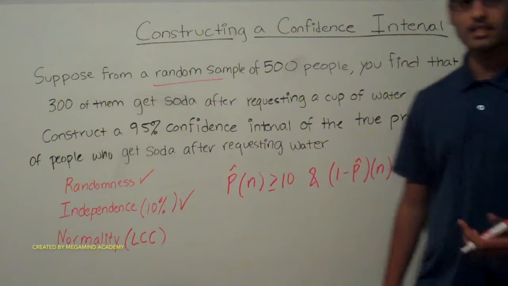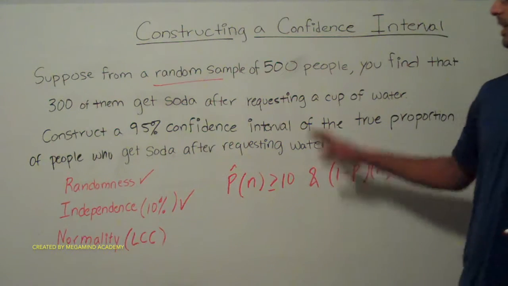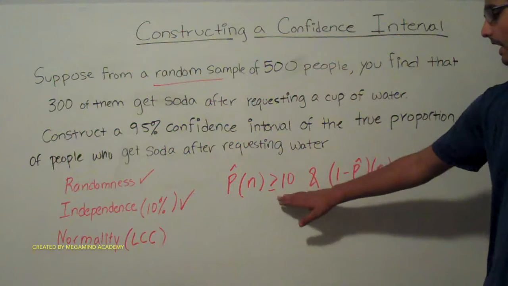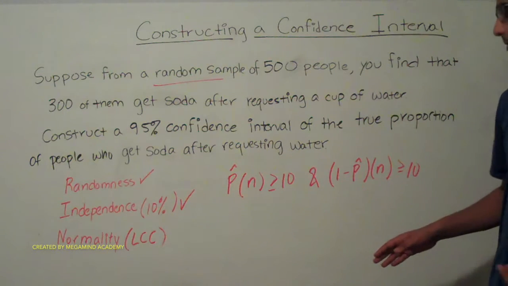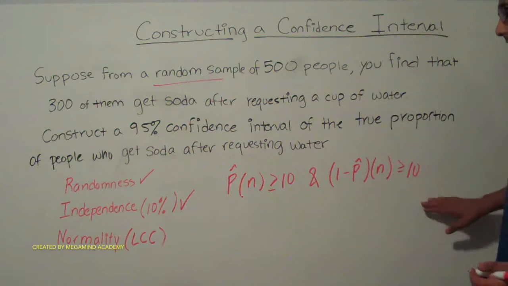Now in some very special cases, or when they tell you in the problem, it can be lower or greater than 10. But in general, it's going to be 10.